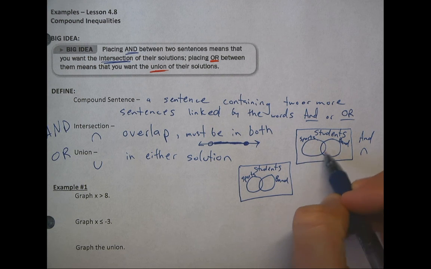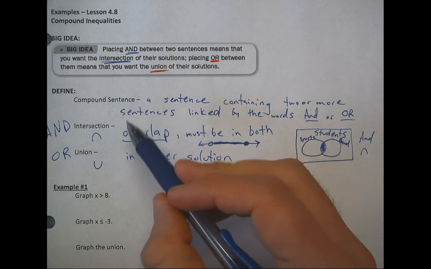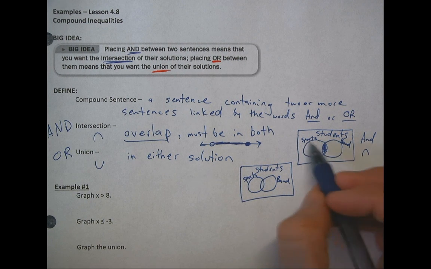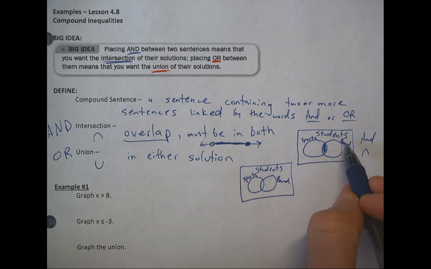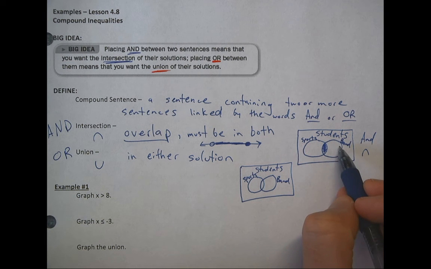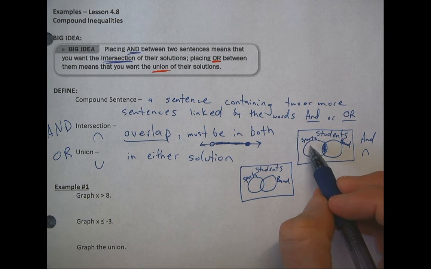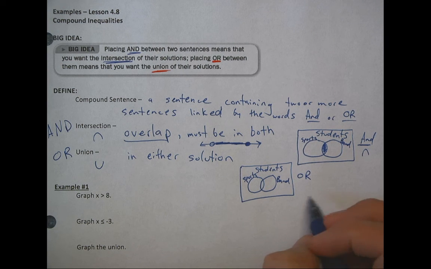That's going to be our overlap. In order for this to be an intersection, both have to be true. They have to be kids that play sports, so they have to be in this circle, but they also have to be in the band, so they have to be in this circle. If they're just in band, no good. If they're just in sports, no good. This is your "and."